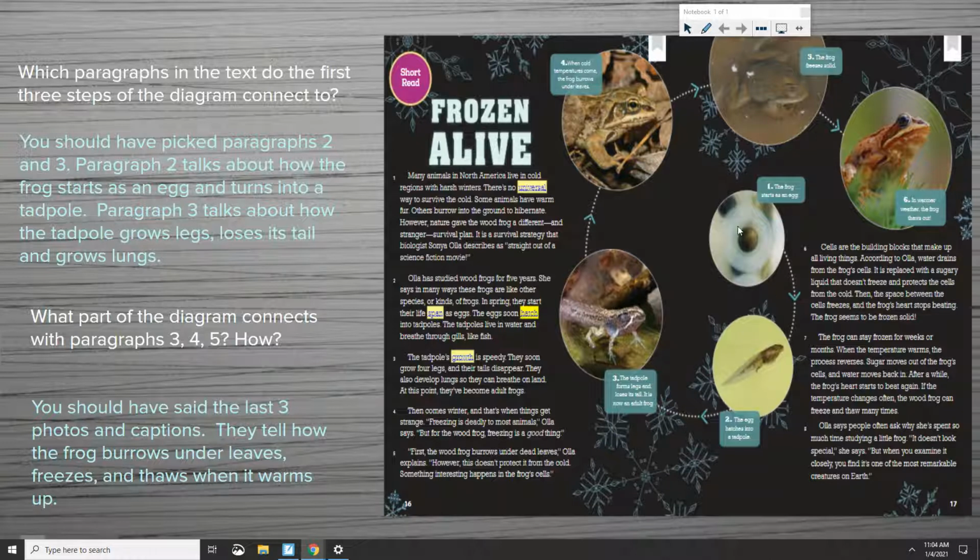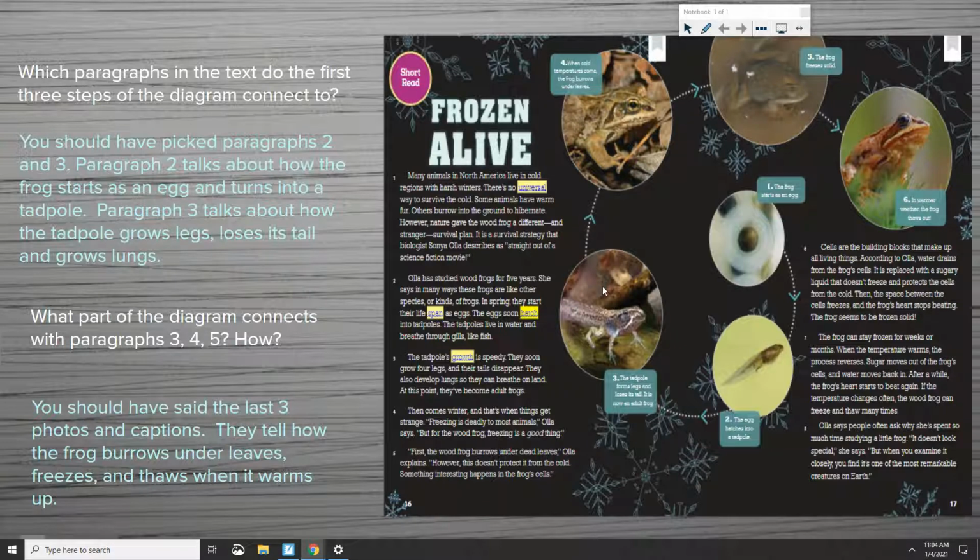So this is showing that right here. Here's the egg, and then here's the tadpole. And paragraph 3 talks about how the tadpole grows legs and loses its tail and grows lungs. So this paragraph connects to step 3, where they form legs and lose their tail.